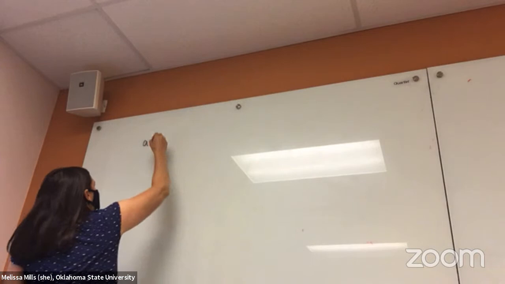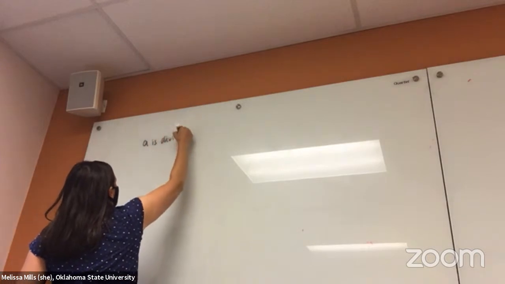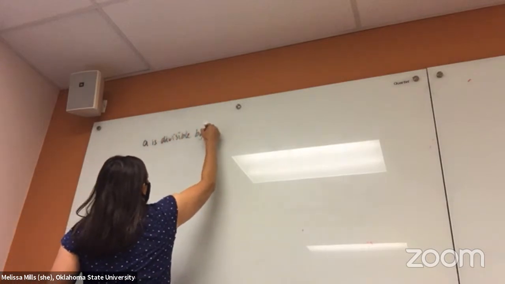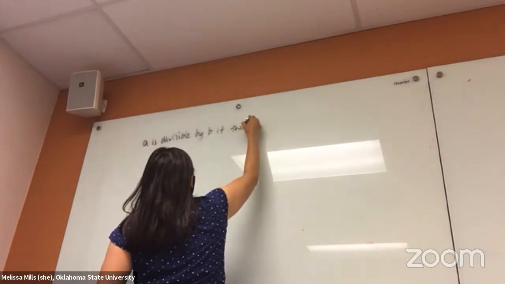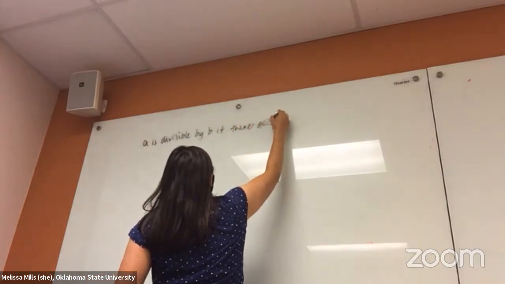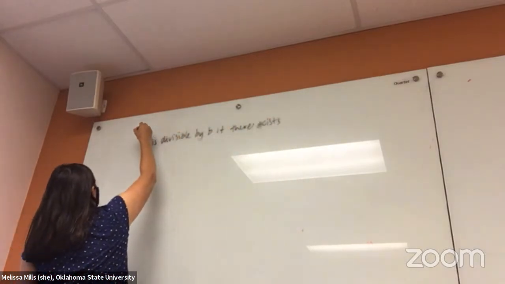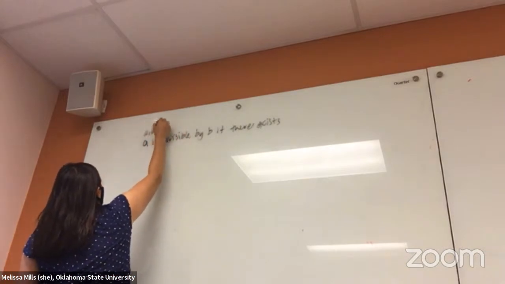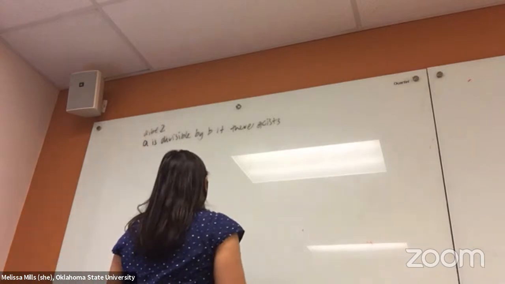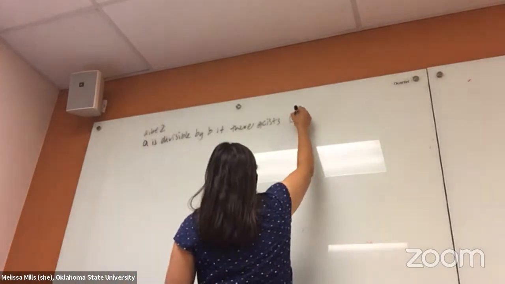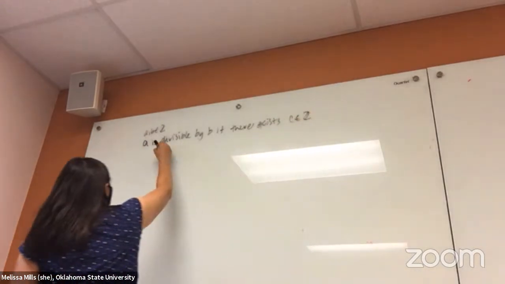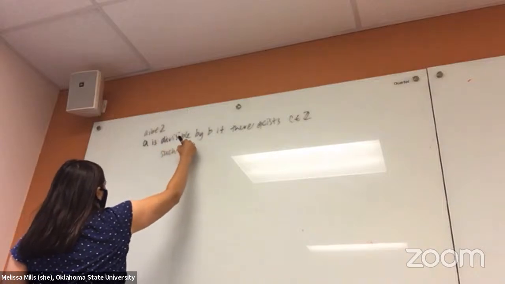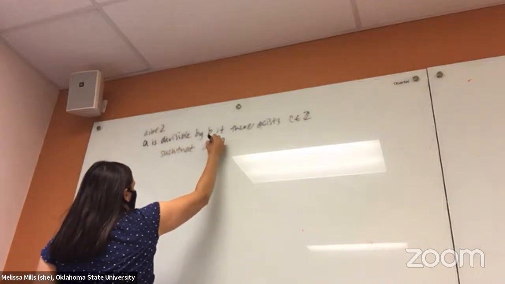Okay, so A is divisible by B if there exists, oh, we need A and B to be integers. A is divisible by B if there exists a C in Z such that A equals BC.